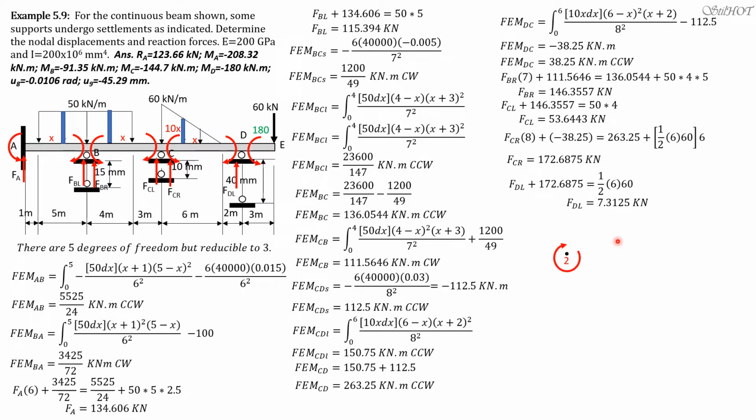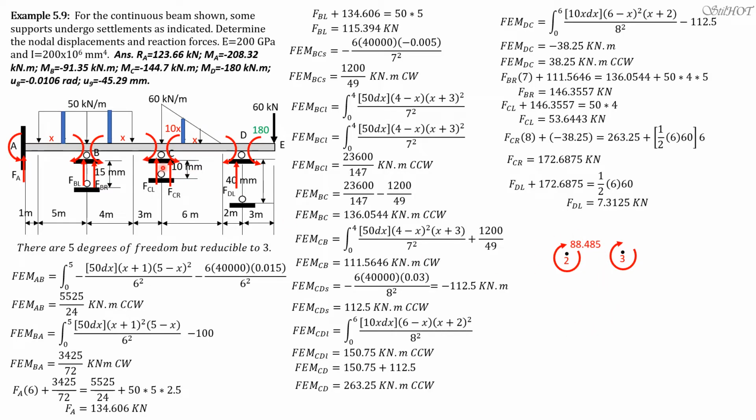Then for the nodal forces, node 1 is 0 because that's fixed. So node 2, we have fixed end moment BA 3425 over 72 minus fixed end moment BC, which is 136.055. And the result is negative, so that's why it's clockwise here, 88.485.